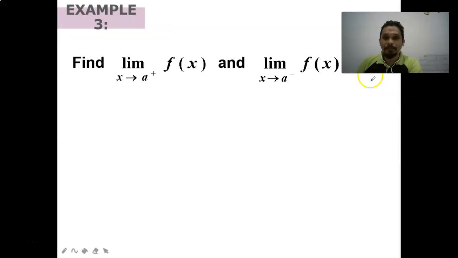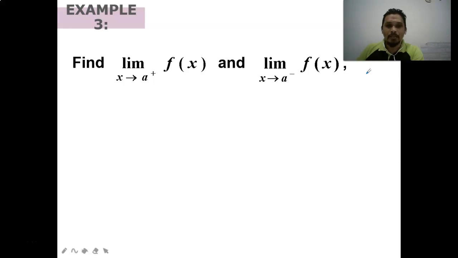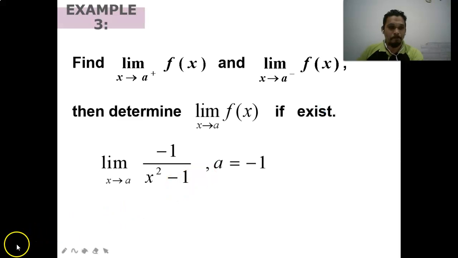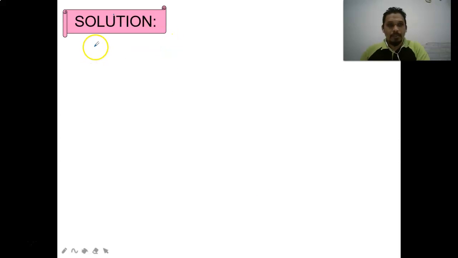Example 3. Determine the limit of f(x), x approaching a, if it exists. Okay, so let's continue. The limit as x approaches a of the function negative 1 divided by x squared minus 1.